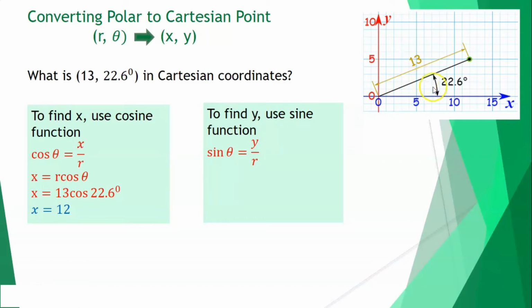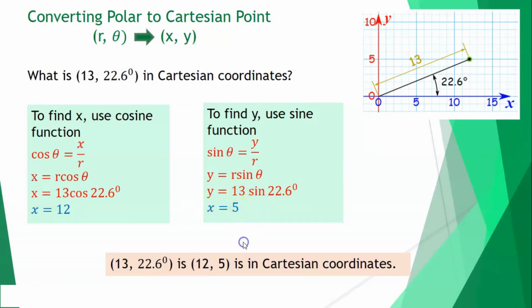The opposite of theta here would be y over r, which is the hypotenuse. So to solve for y, that would be r sine theta. Substitute, that would be 13 and sine 22.6. Simplifying, our y here is 5. So take note, 13 and 22.6 degrees is 12, 5 in Cartesian coordinates.